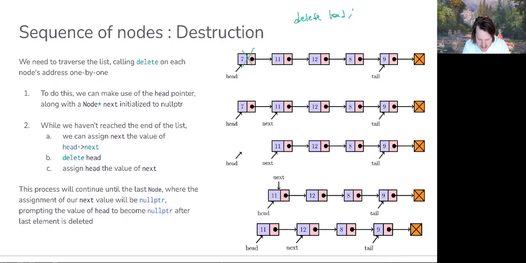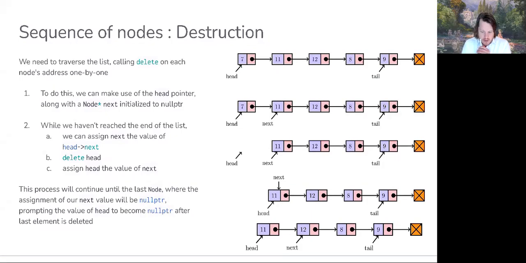We would have wiped out the node that served as our gateway into this list, leaving all of this over here, minus the last one because of that tail pointer, inaccessible. So that would be a huge memory leak with the size and magnitude dependent on the size of your list, or sorry, of your sequence of nodes.